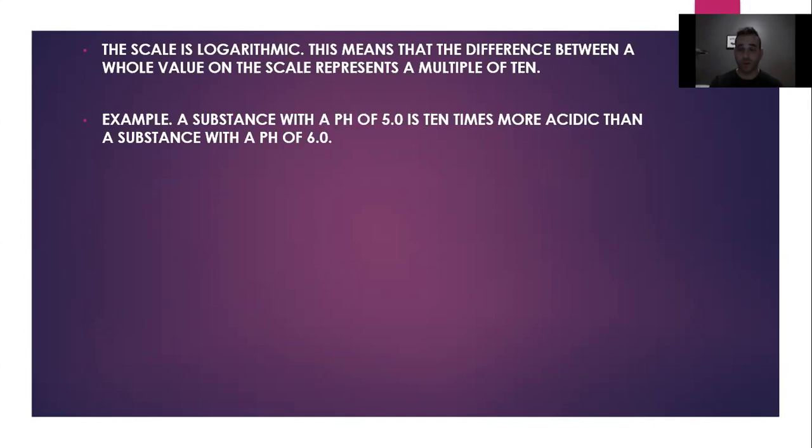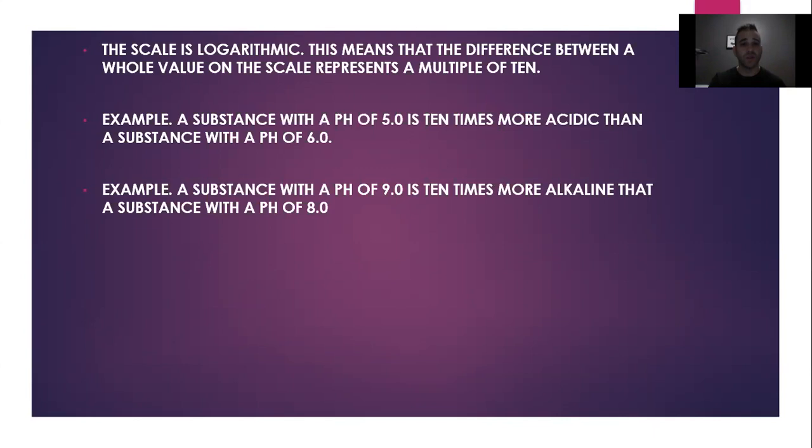Because it's logarithmic. So if you have something with a pH of 6, and you have a substance with a pH of 5, the substance with a pH of 5 is 10 times more acidic than the substance that's a pH of 6.